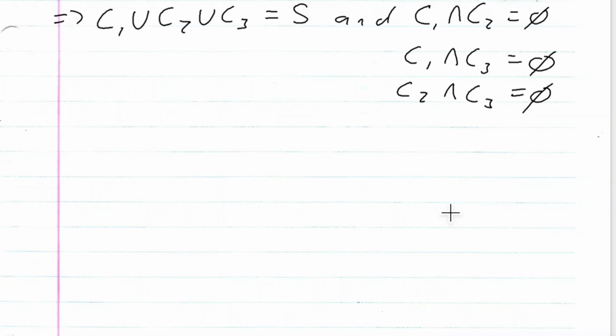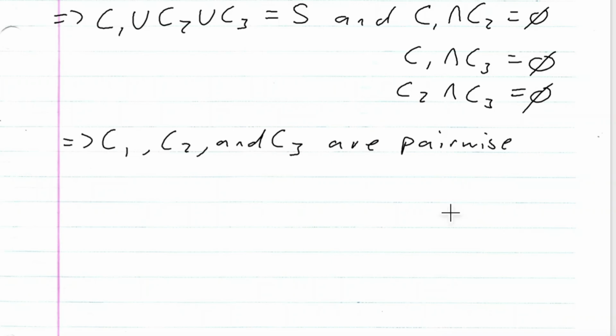So this implies that C1, C2, and C3 are pairwise disjoint. Okay, so whenever we have sets within a family where the intersections of each of those sets are the empty set, then we know those sets within the family are pairwise disjoint.